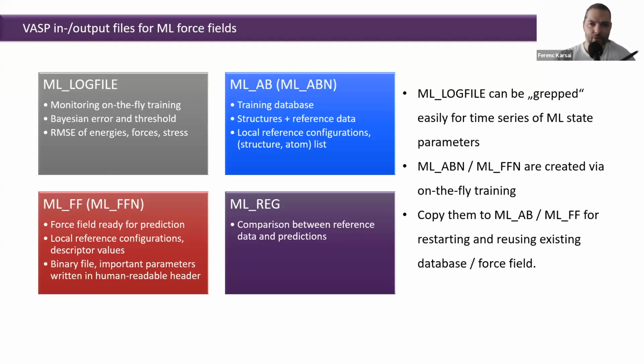It contains an overview of all important parameters, and it also shows the errors and other analytics at every force field step. For example, the two error plots I have shown you before were purely extracted from the ML_LOG file. The ML_LOG file is made in such a format that it is easily grabbable. That means you can write, for example, grep ERROR ML_LOG. This would give you the real errors.